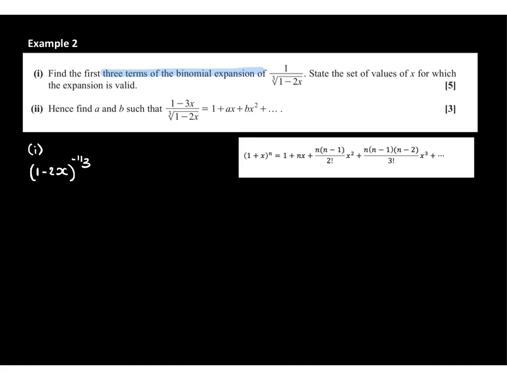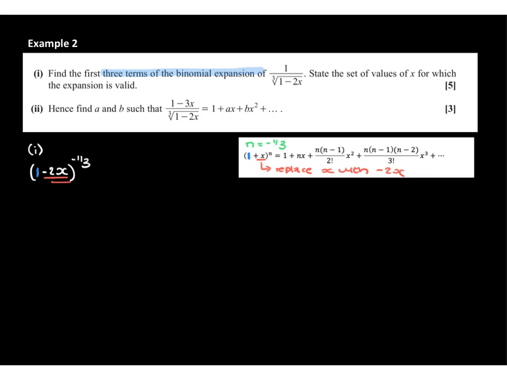We know that our n value is equal to negative a third. Now we're going to replace x with negative 2x from our expansion, and we very clearly have the 1 we need in the first position there. So we're absolutely good to go with our expansion.